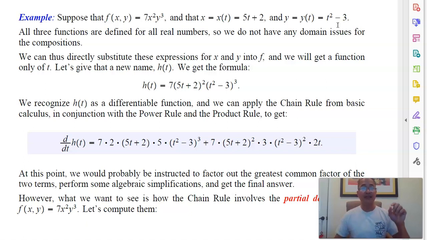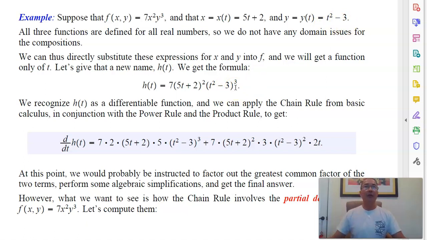You replace x, y with something, we'll replace it with these expressions. So 7x squared y cubed becomes 7 times (5t plus 2) squared times (t squared minus 3) cubed. Find and replace, literally.